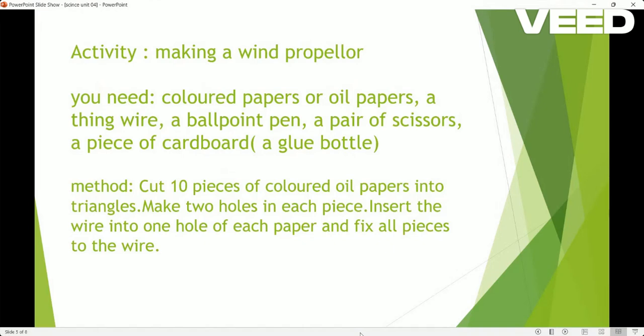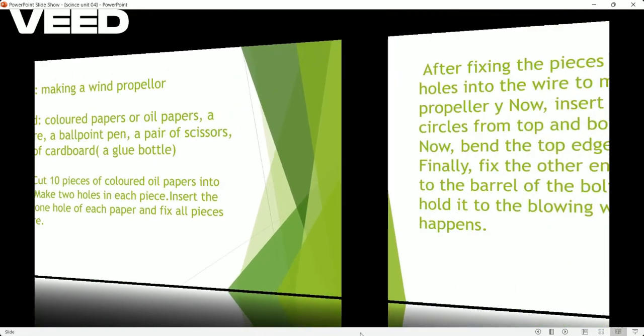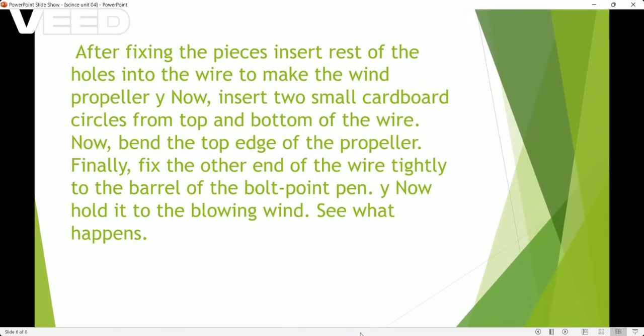So the method is: cut 10 pieces of colored oil papers into triangles and make two holes in each piece. Insert the wire into the hole of each paper and fix all pieces to the wire. After fixing the pieces, insert the rest of the holes into the wire to make the wind propeller.